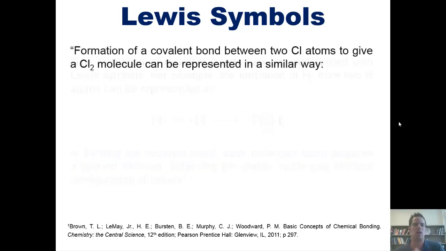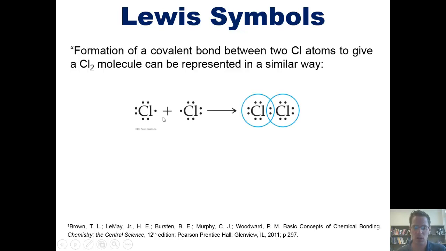On that note, forming a covalent bond between two chlorine atoms gives a similar chlorine, or Cl2, molecule and can be represented in this way. I've got each of the individual chlorine atoms with Lewis symbols showing 7 valence electrons. When they get together, each of these unpaired electrons snaps into each other's complementary hole to form these two chlorines that are now bonded together.